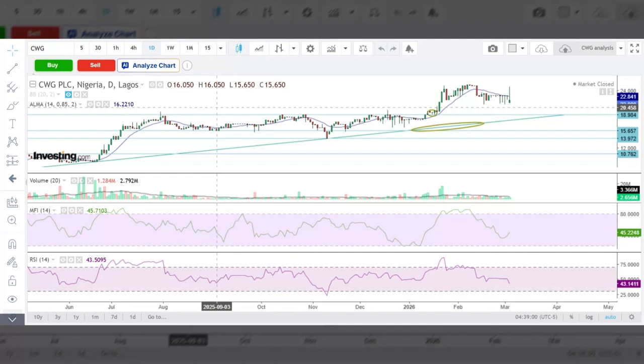Okay, so we are going to know how to manage our trade using trend lines, indicators, and time frame analysis. If you don't know anything about time frame analysis, I did a comprehensive video.